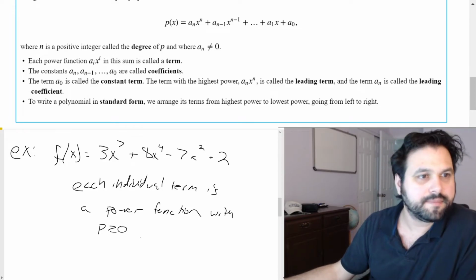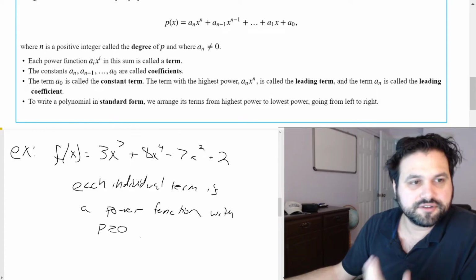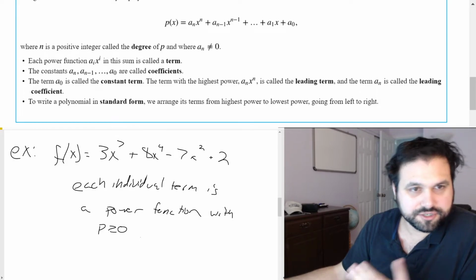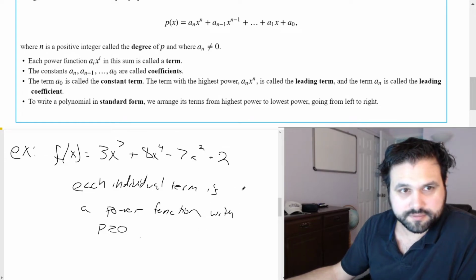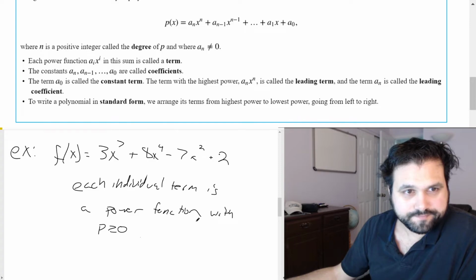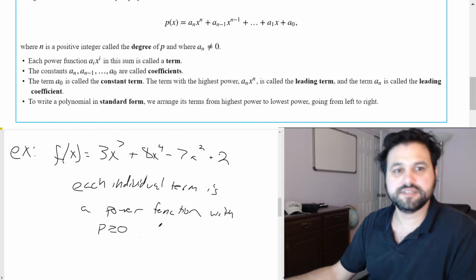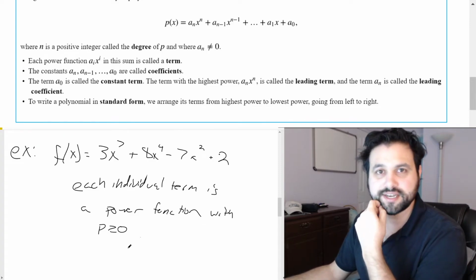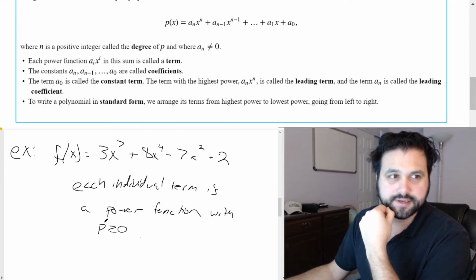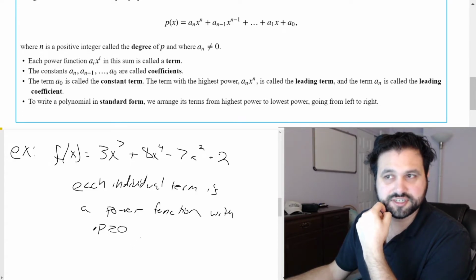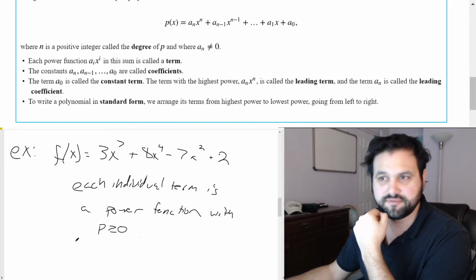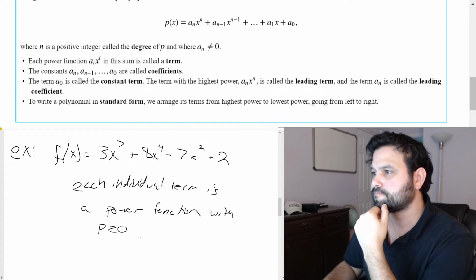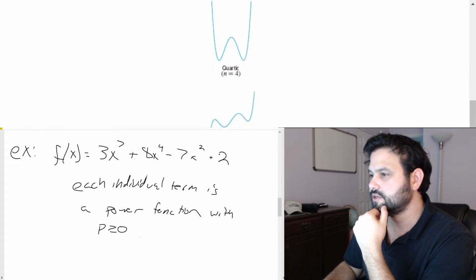Constants are the coefficients. Constant term is that last value with no variable. And the leading term is the term with the largest exponent value. And the leading coefficient is the coefficient attached to that variable with the largest exponent value. Okay?